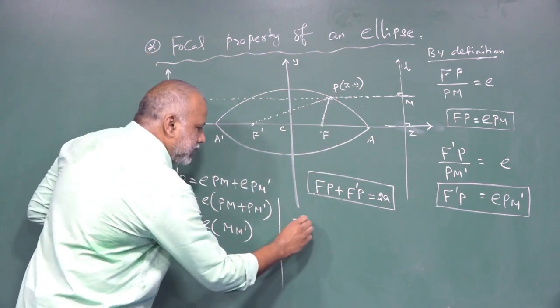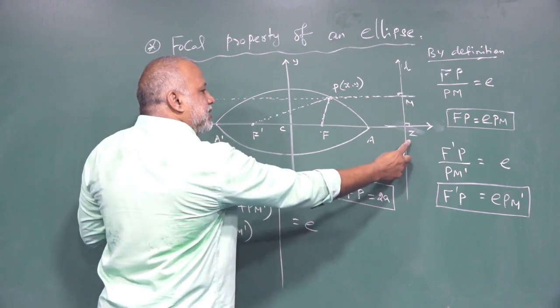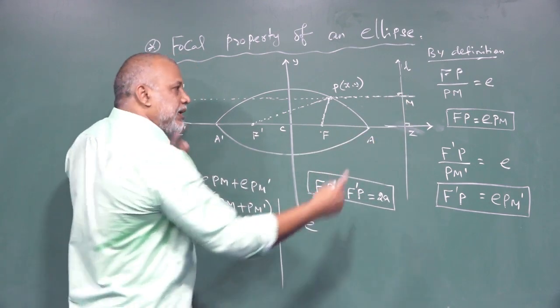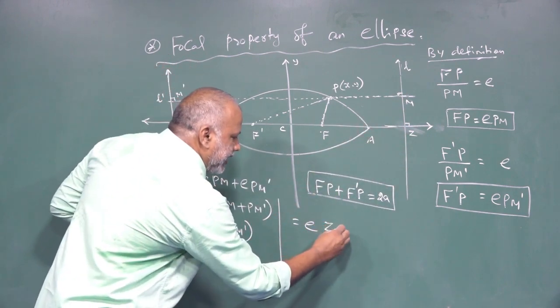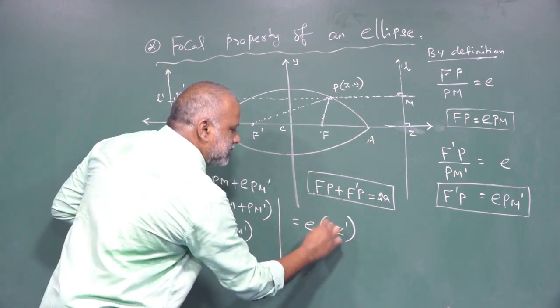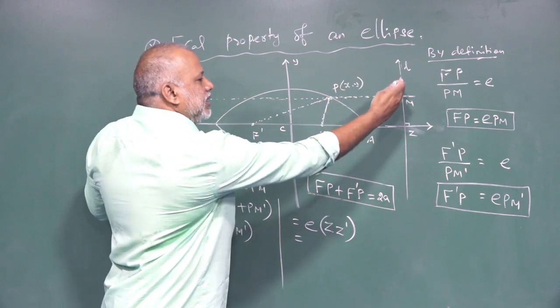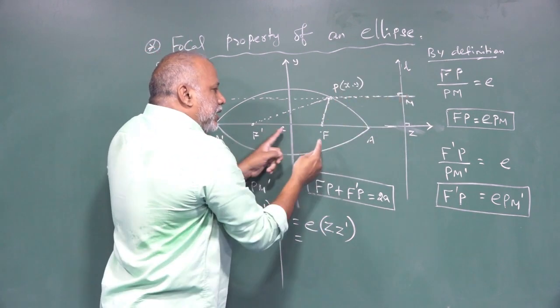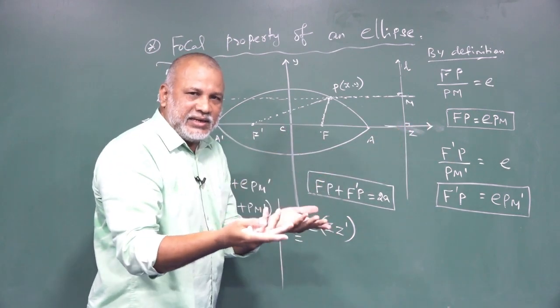Now listen. E is taken out as common. Instead of this M dash, I can write Z dash. Now listen, what is the meaning of Z dash? Z dash is nothing but 2 times Z, since C is the center, that is the origin.